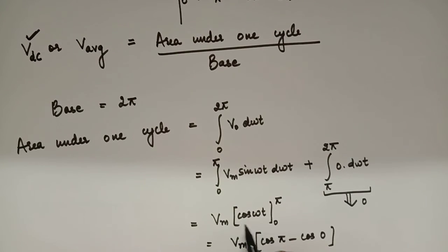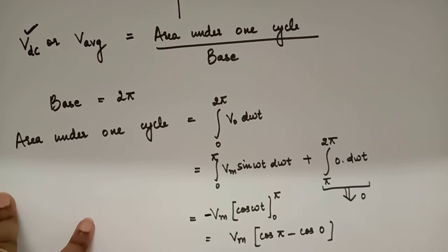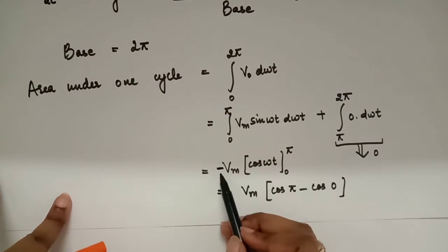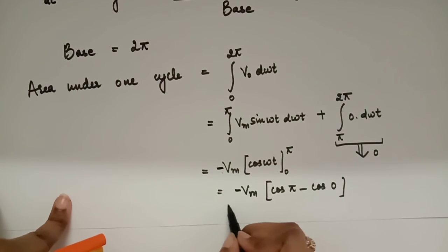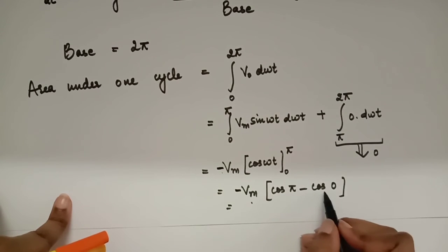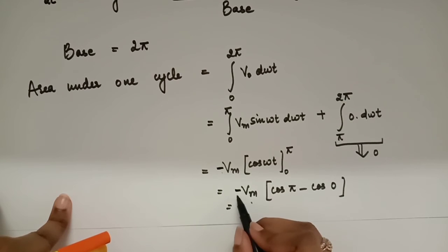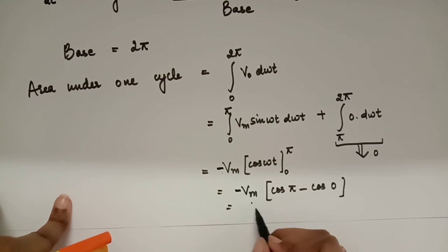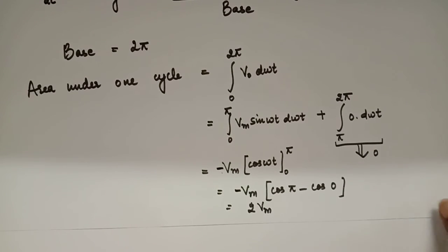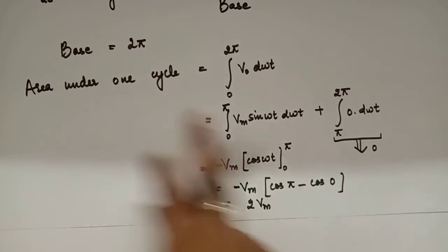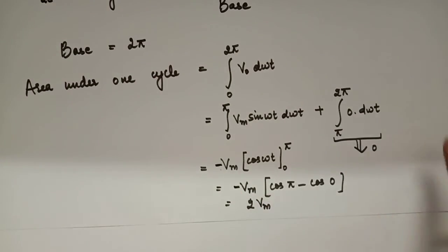The integration of sin omega t is minus cos omega t, so I put the minus sign outside. Cos pi minus cos 0 is minus 1 minus 1, that is minus 2, and minus into minus is plus 2, and here comes 2 Vm. Now let's complete it. We have got the area under one cycle as 2 Vm.